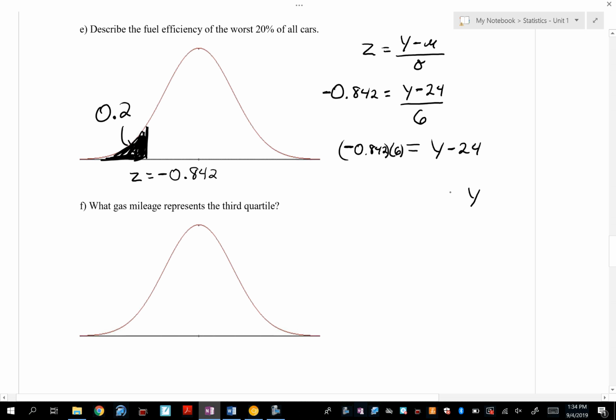So then y is going to be equal to all of that plus 24. All right, so whatever that is. Hit me with it when you got it. I heard 18.95. 18.95? Okay, great.